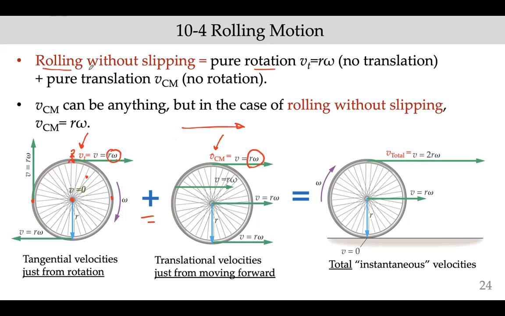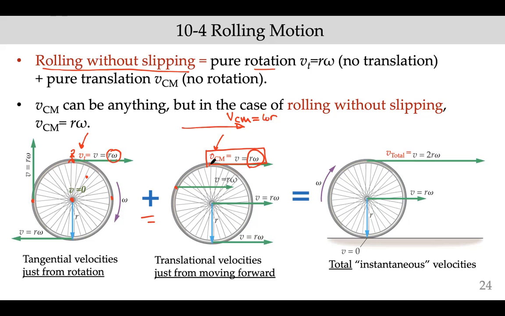But because the rolling without slipping condition is satisfied here, the problem says it's not slipping, then we also have VCM equal to r omega. That VCM is the same everywhere, and it's to the right, because this wheel is moving to the right, forward, with velocity VCM, which is omega r.